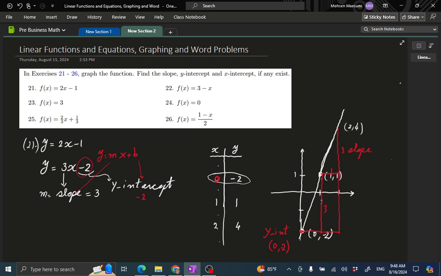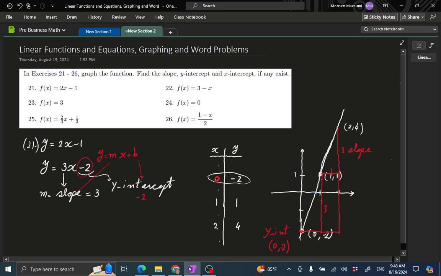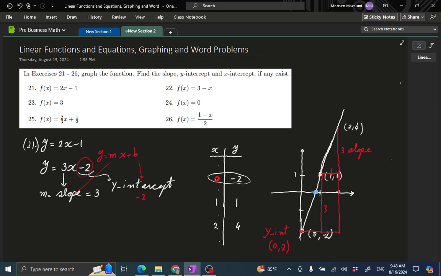How about the x-intercept? Where is the x-intercept? Well, x-intercept, as the name implies, is where it hits the x-axis. So how do we find that? When you say x-intercept, it hits the x-axis. So when hitting the x-axis, it means the y of it is 0. The y of everything on the x-axis is 0. So that is our clue.